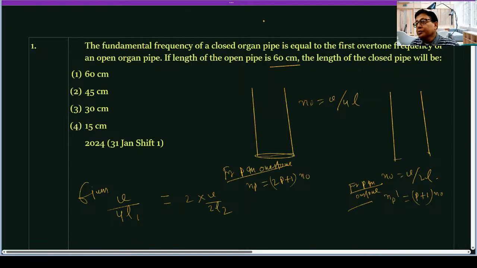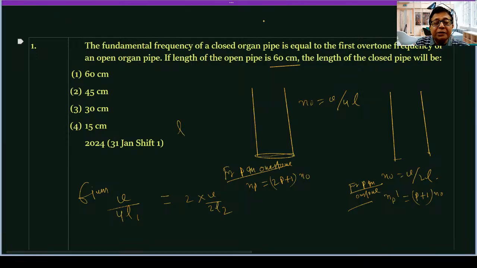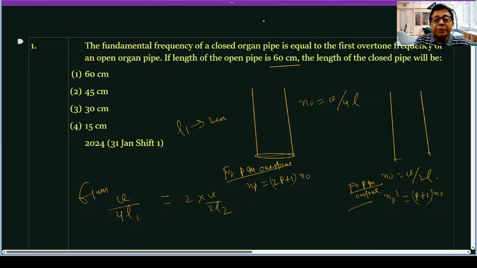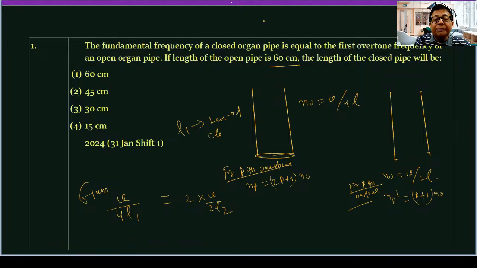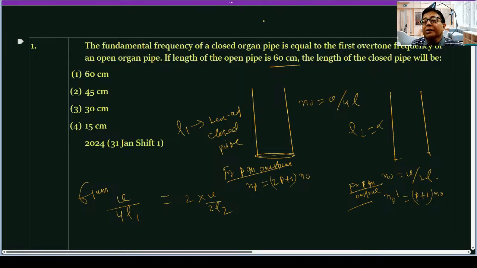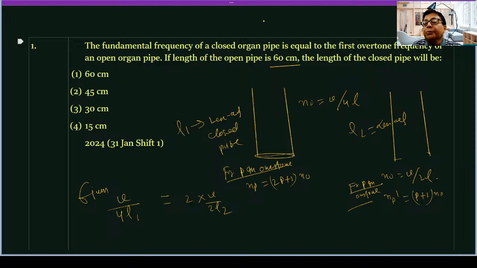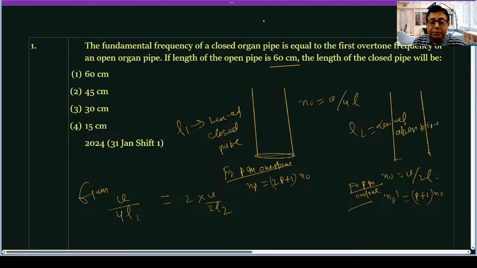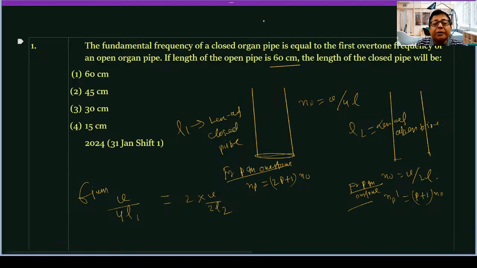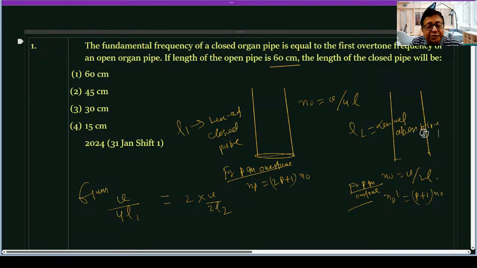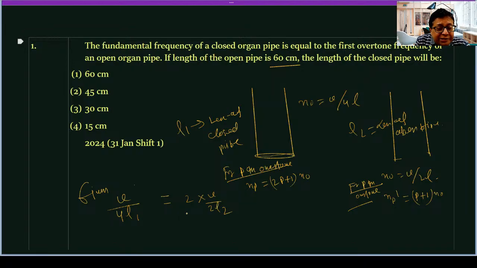You take L2. What does L1 stand for? Length of the closed pipe, and L2 is the length of the open pipe. Okay? So this thing is given, and you have performed the experiment in air, so V will remain the same. Cancel V out.